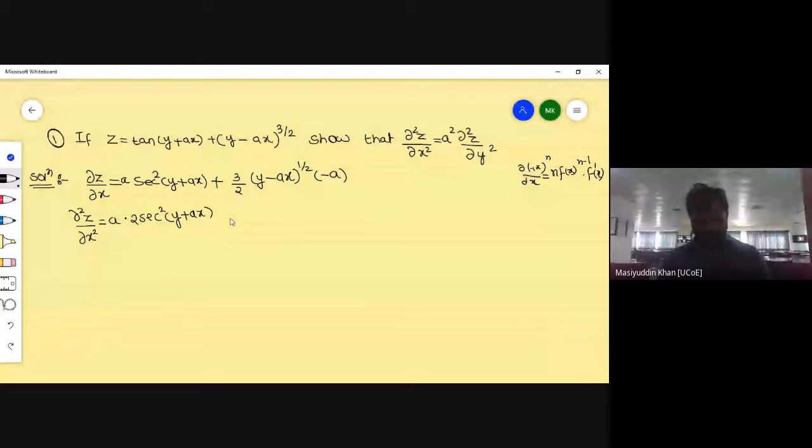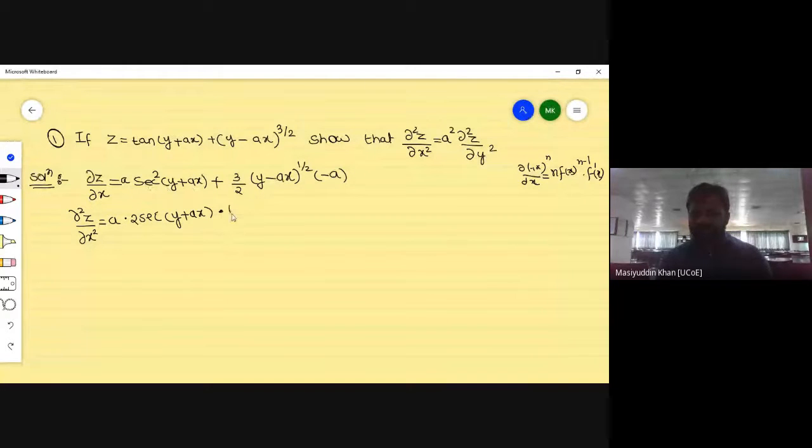into, we have to take the derivative of sec. Oh sorry, that's my mistake. a is kept as it is, sec square so 2 comes forward, n minus 1 so sec into (y plus ax), and the derivative of sec is what?